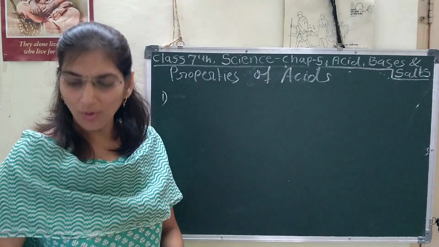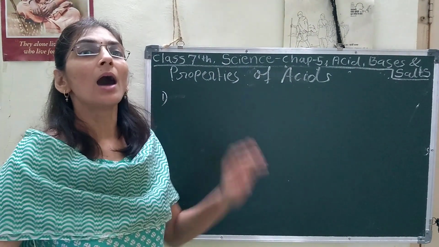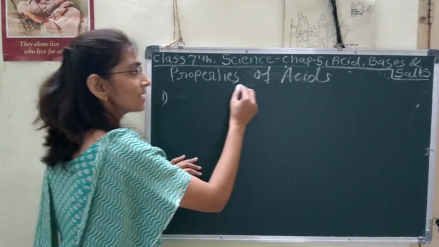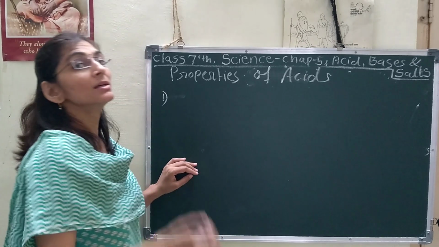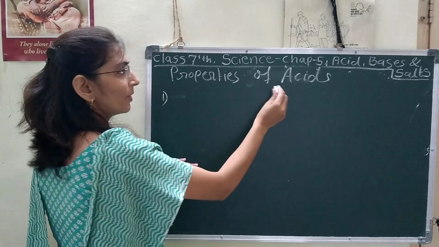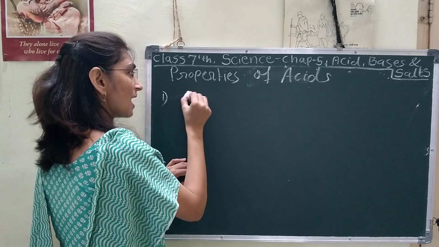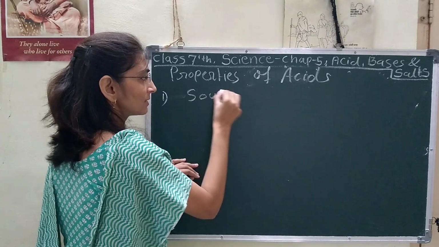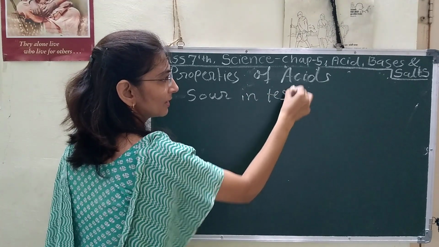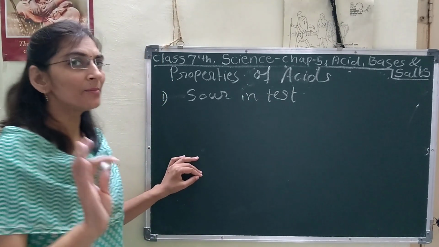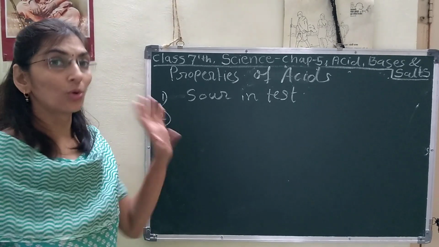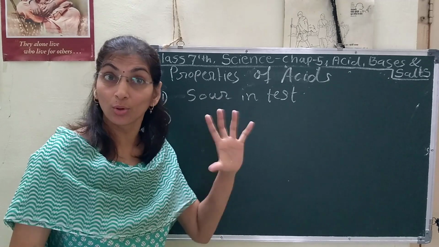Most acids have a sour taste, meaning acids are substances that are sour in taste. And a very important second property of acids is that they are corrosive in nature.